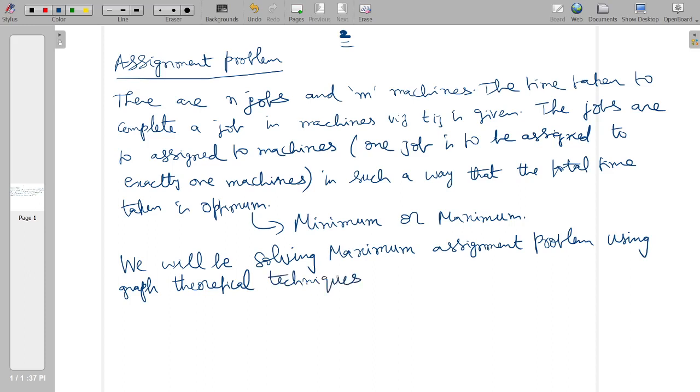Okay. For that, you should know what is meant by a vertex cover. What is a vertex cover?